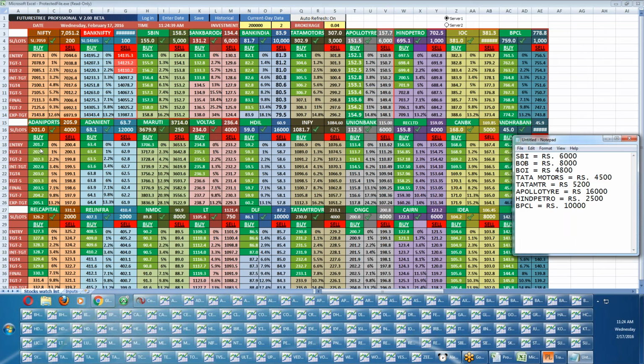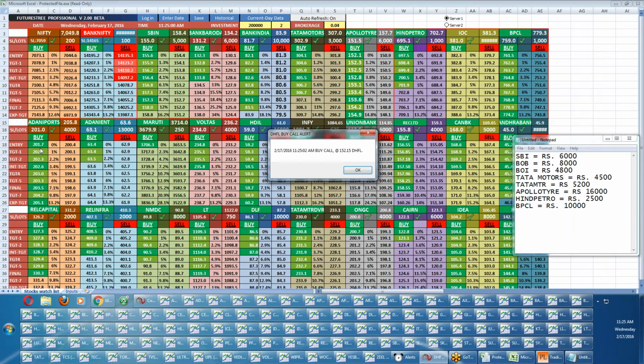So that's around roughly 5 rupees into 1600 is your lot size. So that's around 7,800 rupees.